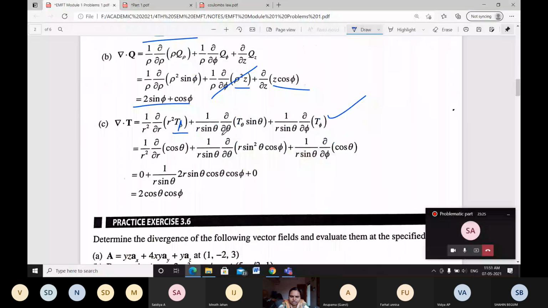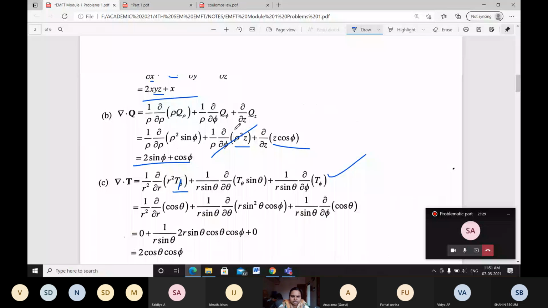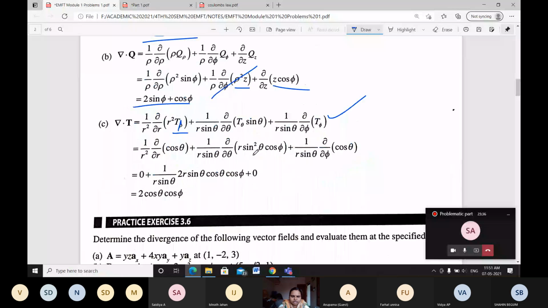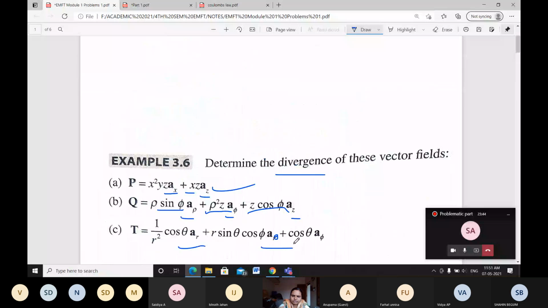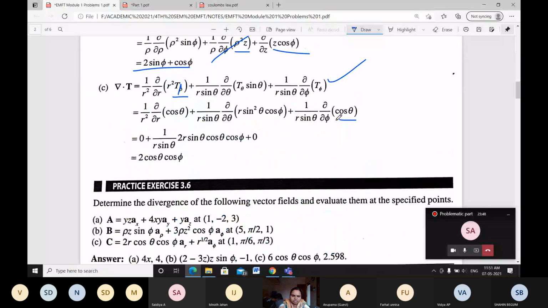Then substitute for T theta, that is r sin theta cos phi, and r sin theta, here sin theta is already there, gives sin squared theta cos phi. Plus 1 by r sin theta ∂/∂phi of T phi, which is cos theta. Here cos theta is a constant, so this part is 0, and this part is also 0 only.